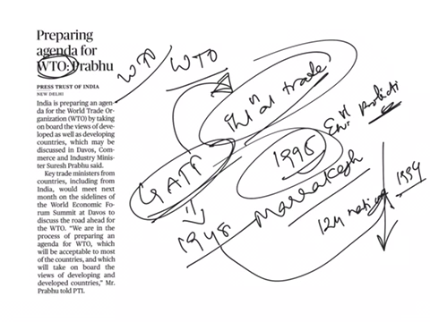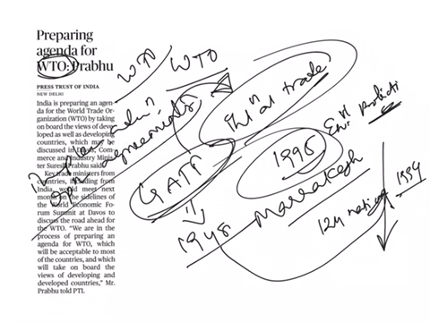The main functions are as follows. It oversees the implementation, administration and operation of the covered agreements. So what are the available agreements? Of these covered agreements, it oversees the implementation, administration and operation. And one more function is that it provides a forum for negotiations and for settling disputes.